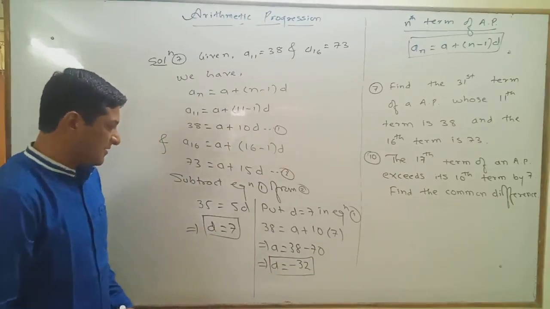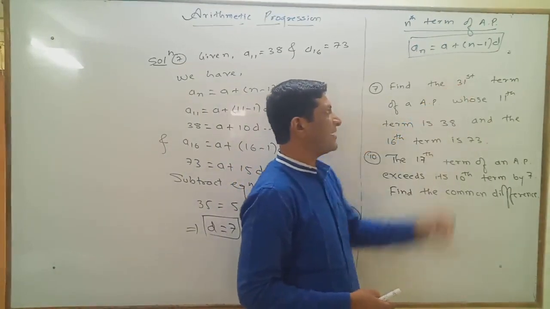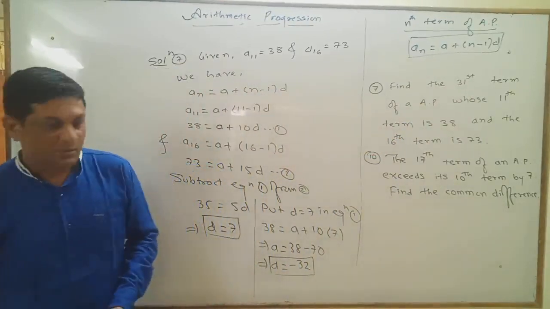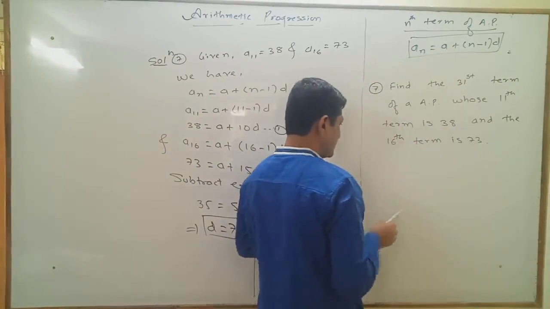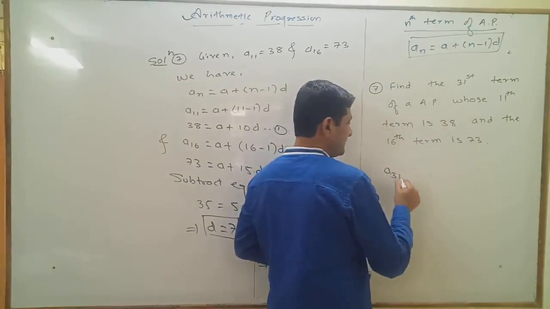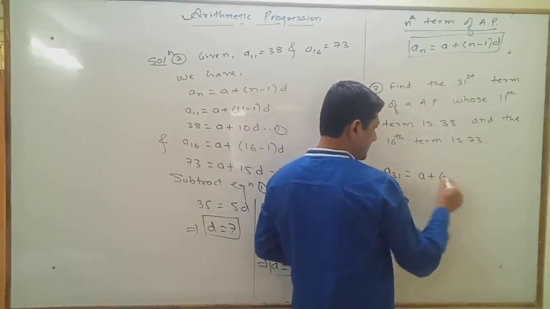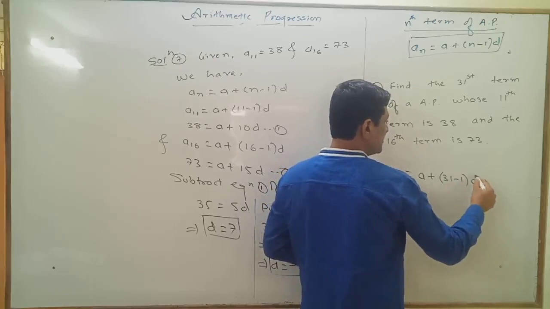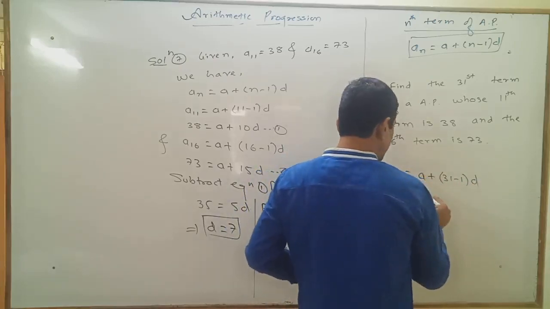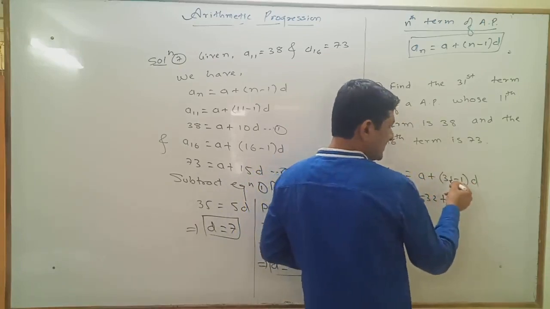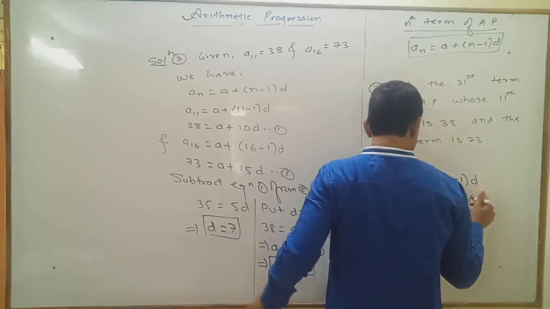Once the values of a and d are known to us, now we are trying to find our required value. Which required value? The 31st term. So therefore A31 is equal to, what is our formula? A plus n minus 1 into d. n is what here? 31. So it is equal to, replacing a by its value, minus 32 plus 31 minus 1 is 30 into d, but d is how much? 7.